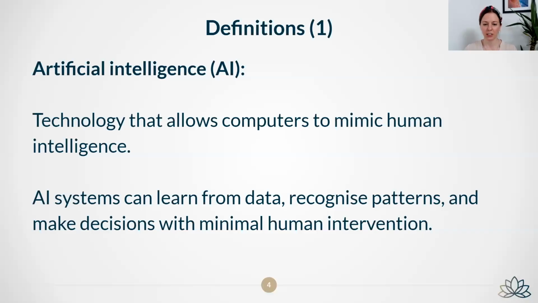But let's get started with terminology. So starting firstly with artificial intelligence. Artificial intelligence is essentially technology that allows computers to mimic human intelligence. It develops from feeding it very large amounts of data, which it then recognizes patterns from, and then starts to either make decisions or generate content with quite minimal human intervention.